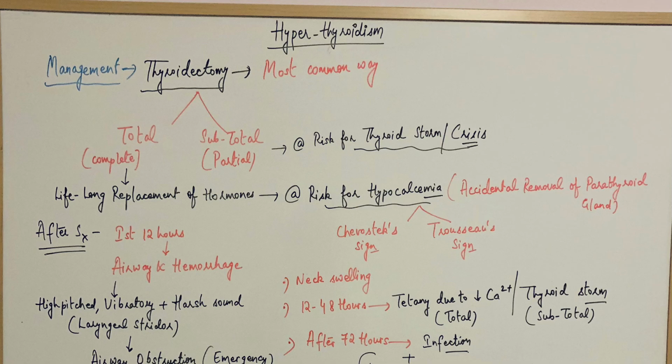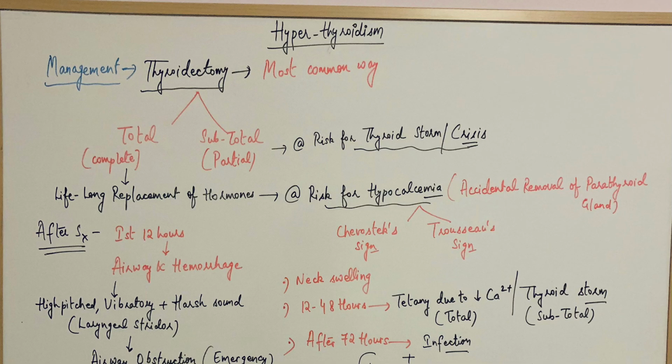Apart from hypothyroidism, there is one more risk related to total thyroidectomy, that is the risk of hypocalcemia, because of the parathyroid glands. We know the parathyroid glands are located under the thyroid gland.